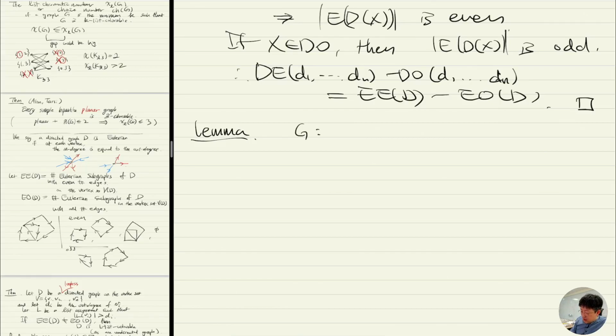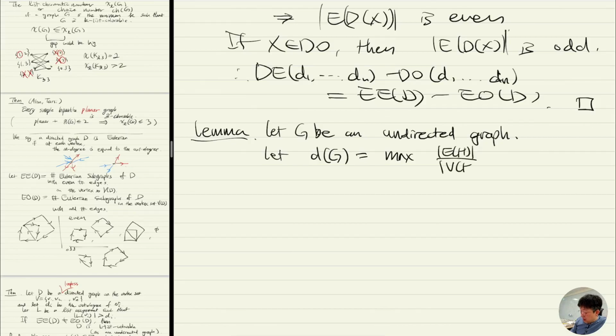So let's say G be an undirected graph, and let dg be the maximum density. So H is a subgraph with at least one vertex. So for all subgraphs, you look at the density of edges and take a maximum.